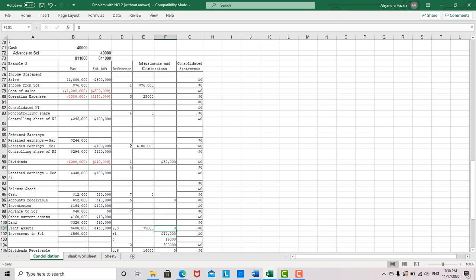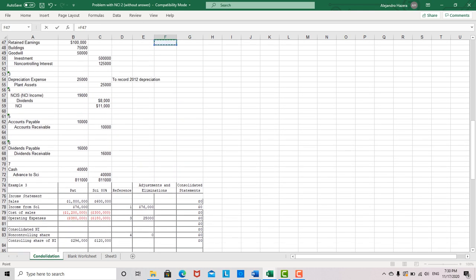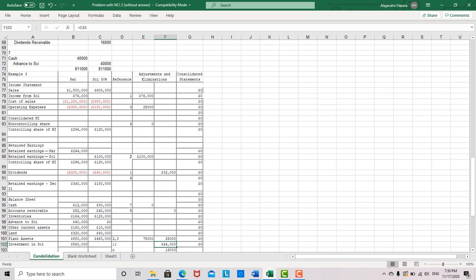That would include buildings for $25,000, which is the 2012 expense. That's why I put to record depreciation 2012. And notice that if you look at the 75 and the 25, you've got 50 left over. It had a 4-year life, and 2 years have already been recorded. So you're going to start next year with $50,000 in there. Okay, and so that's that entry.